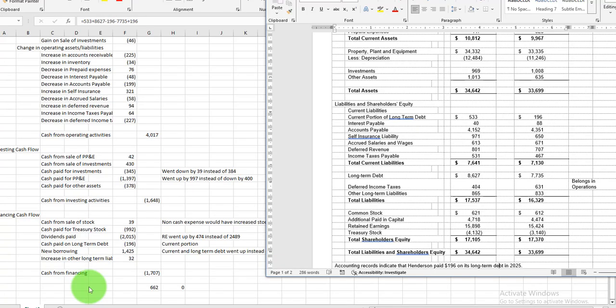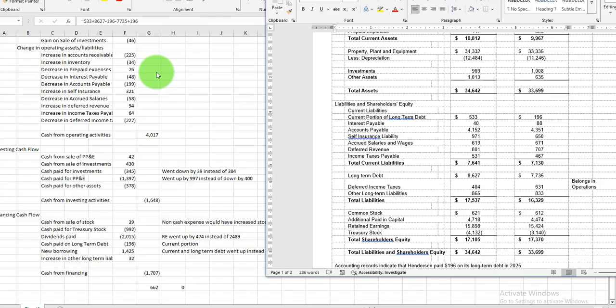Second, cash paid for interest. We take the interest expense on the income statement and the change in the interest payable on the balance sheet to come up with how much cash was actually paid for those two items. That is a required disclosure at the bottom of every cash flow statement.